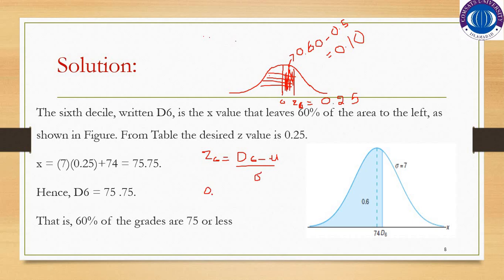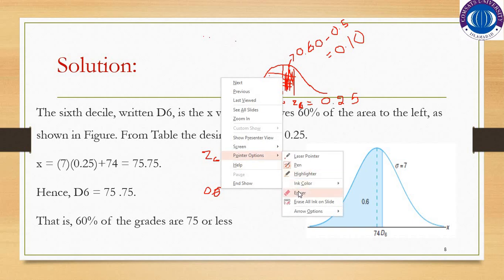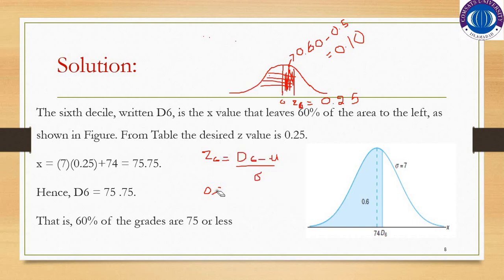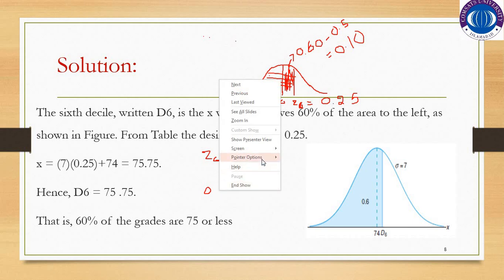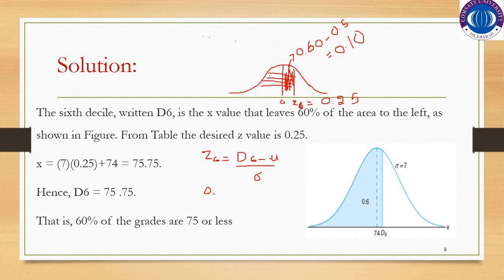Z6 is 0.25, D6 is unknown, minus 74 over sigma, which is 7.